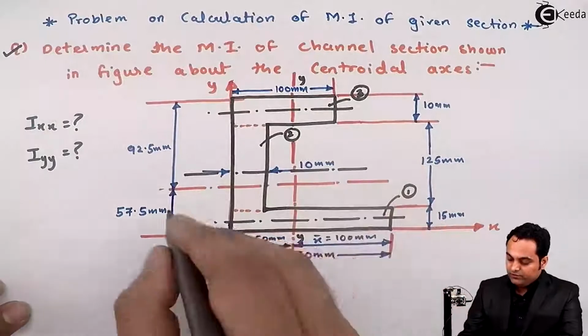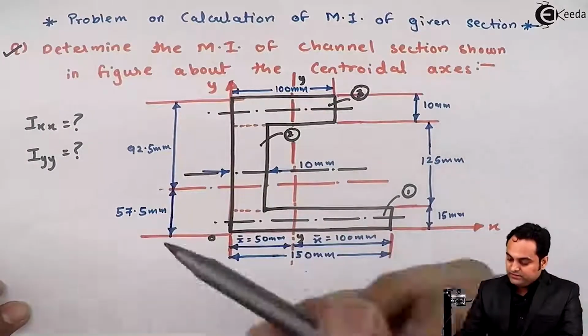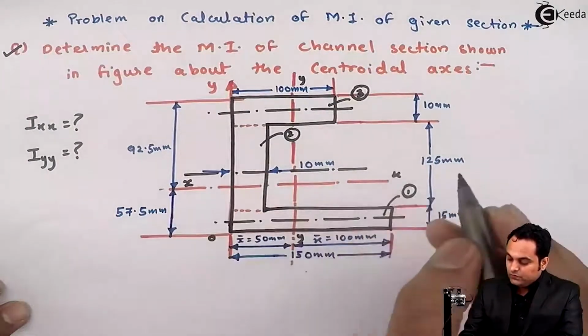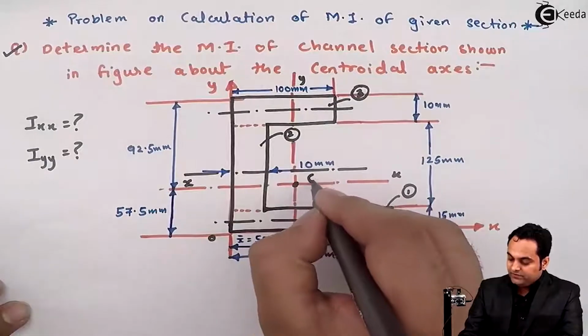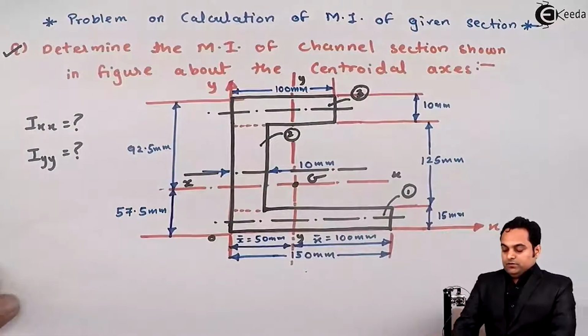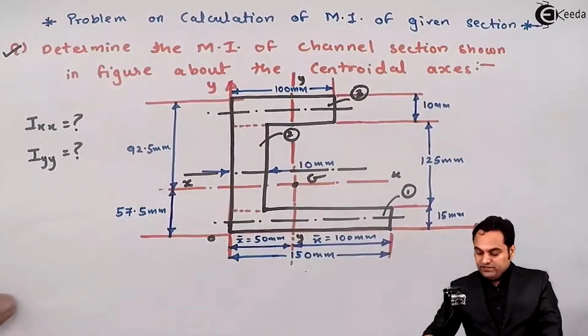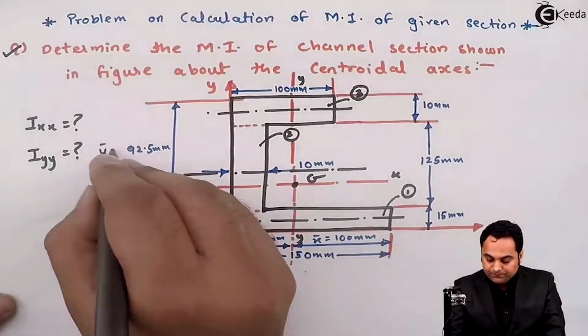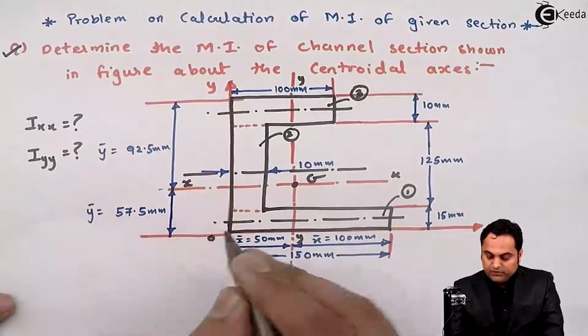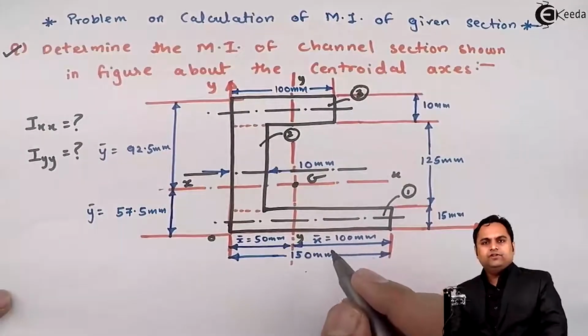And once we have located the x-axis and the y-axis, wherever they intersect, that gives us the centroid. Now, once we have located the centroid, we can start with the calculation of moment of inertia.